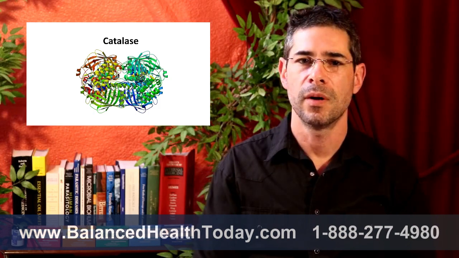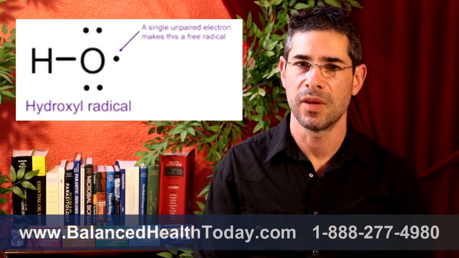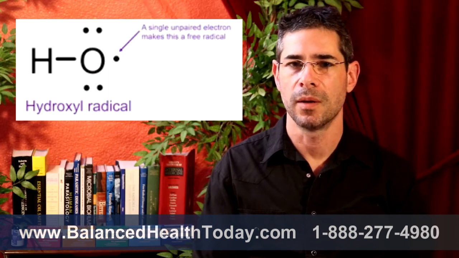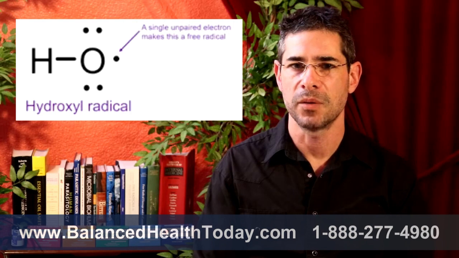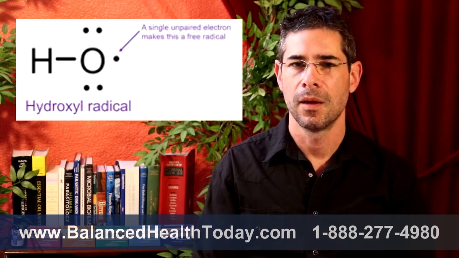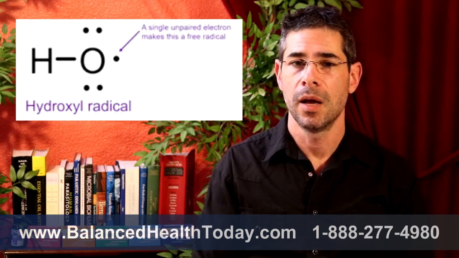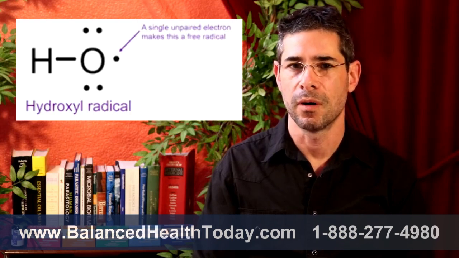That leaves us with one free radical left to deal with, the hydroxyl radical, the most powerful of the three. Hydroxyl radicals are formed when superoxide radicals, hydrogen peroxide, and metals meet together. There are two ways that I know of to neutralize hydroxyl radicals. One is you can bubble hydrogen through a glass of water and drink the water.